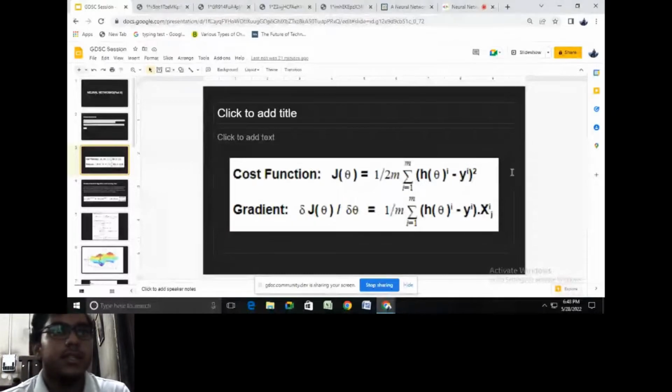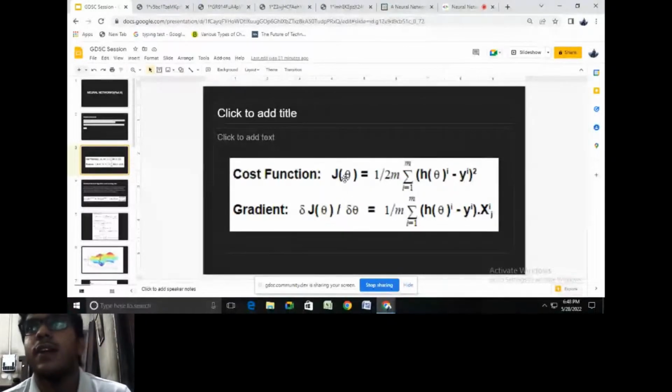In the gradient descent algorithm, first we compute the gradient of the function with respect to these parameters that we call theta. So what are these parameters theta?